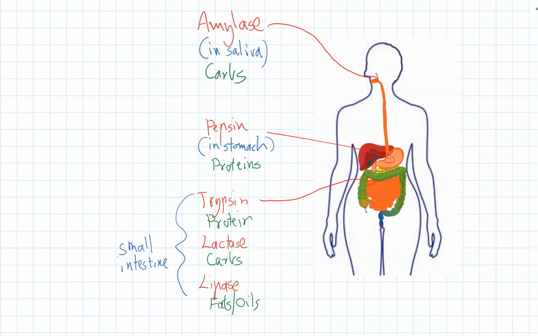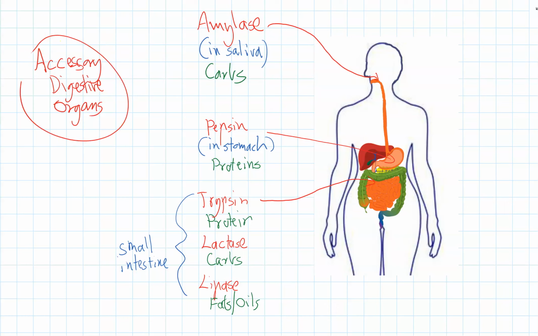And this also is where those accessory or the secondary digestive organs come into play. Because, remember, the accessory organs are the liver, the gallbladder, and the pancreas.